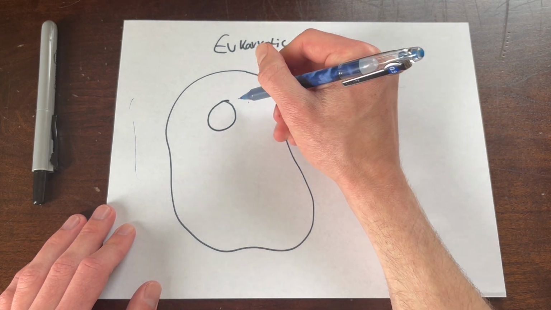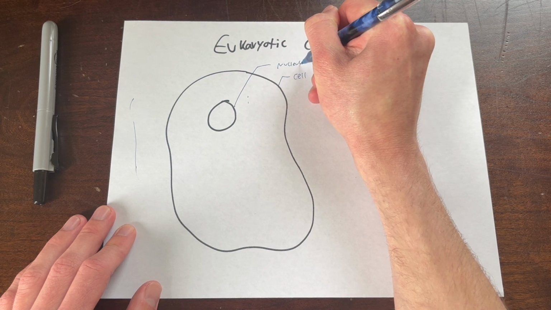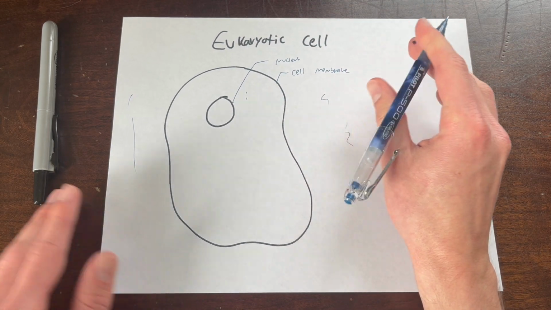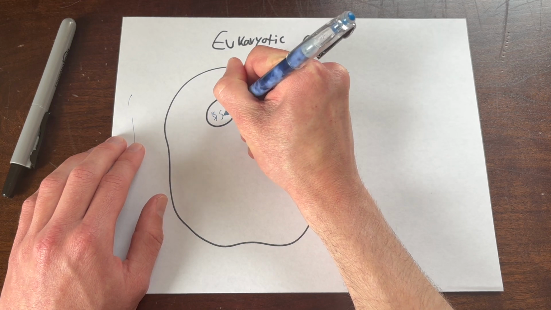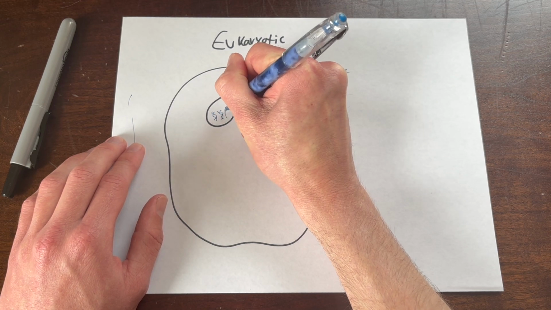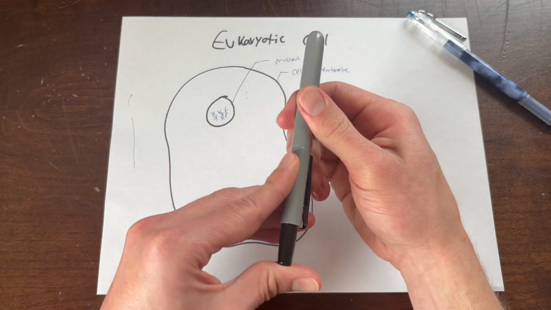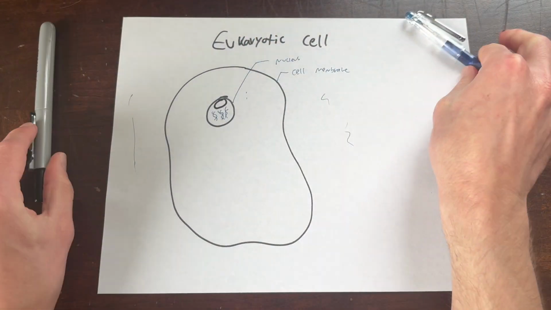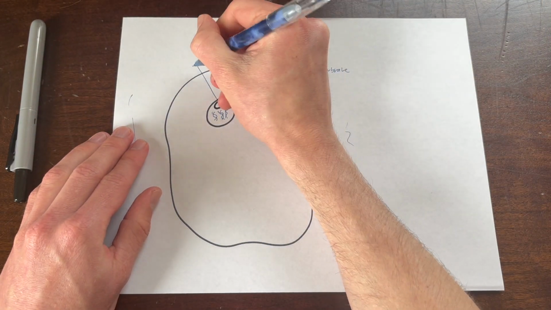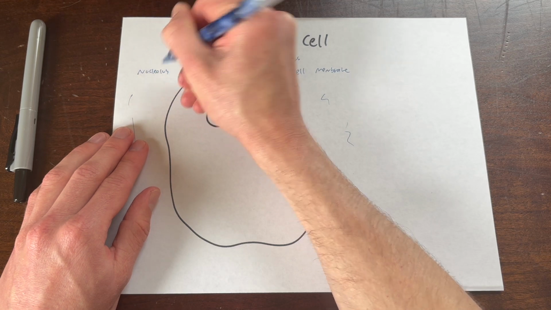Next up, we have the nucleus. The nucleus is what contains DNA. That's all you need to know right now. We're going to cover DNA later. It also contains a little portion called the nucleolus, but that's not really important.